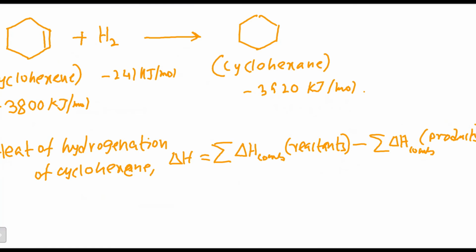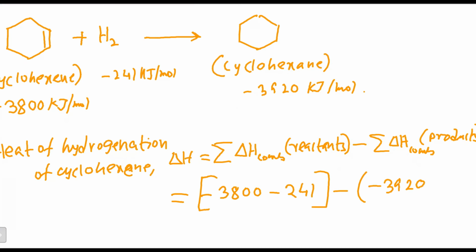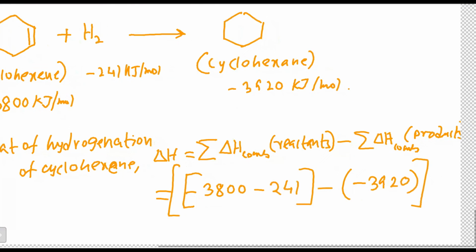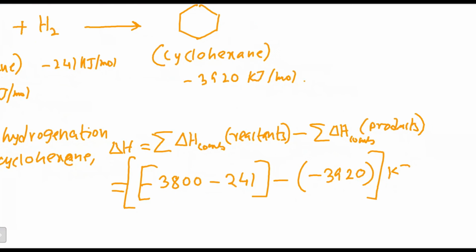In the reactant part you can see there is cyclohexene and hydrogen, so minus 3800 minus 241, minus, and for the product, cyclohexane, minus 3920, all in kilojoule per mole.